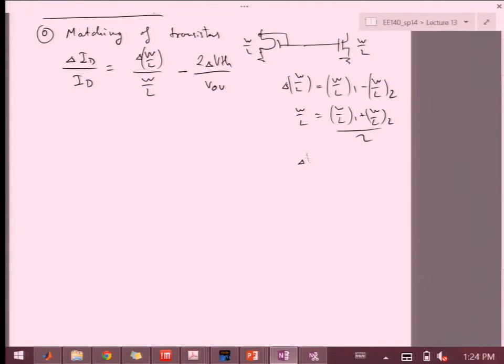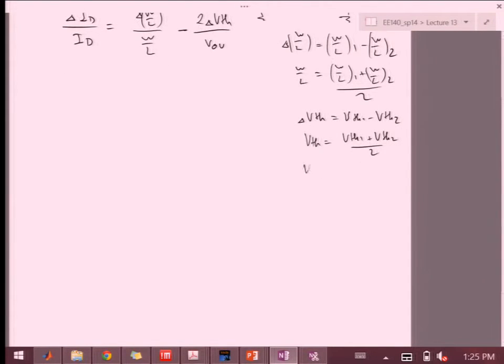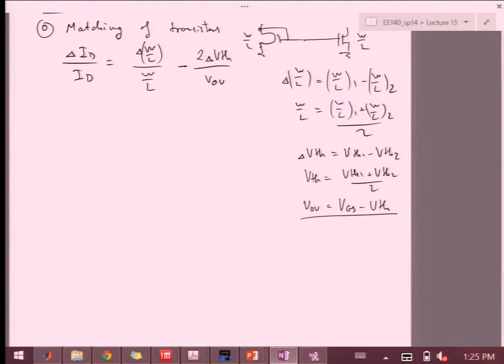Same with threshold. VTH will be the average. And then VOV will be VGS, obviously, minus this average. So if we're biasing the transistor at very low overdrive voltage, and this is one of the key things that I mentioned earlier, then this factor here increases.